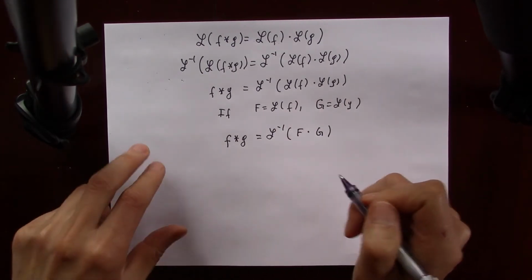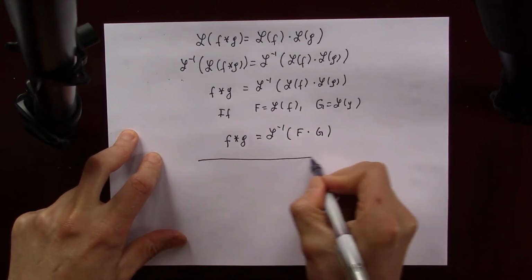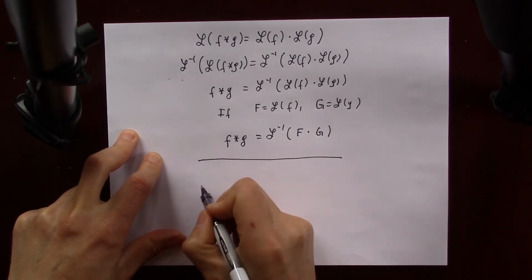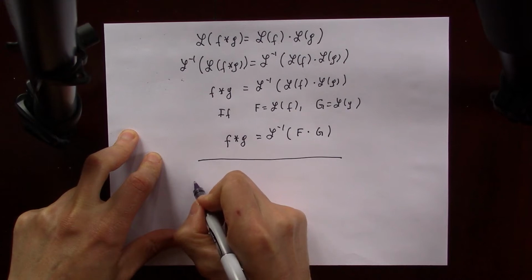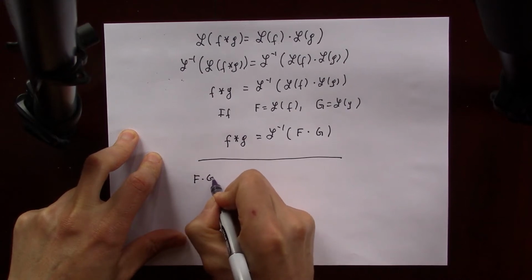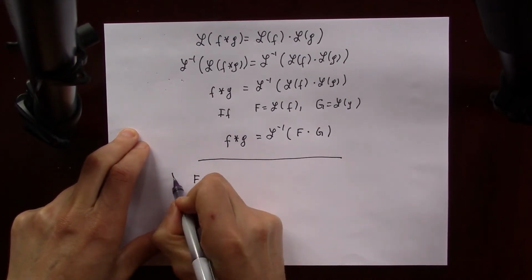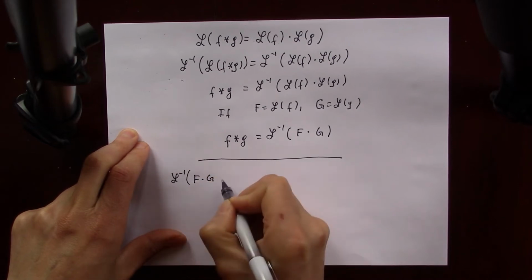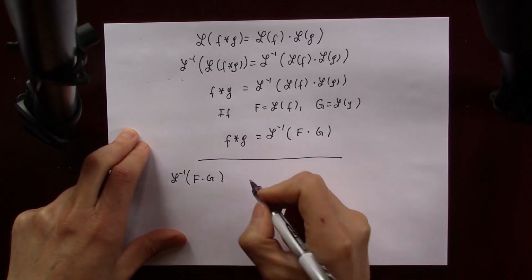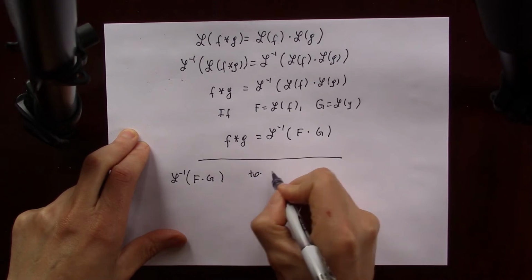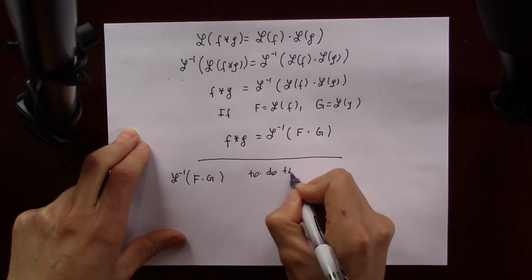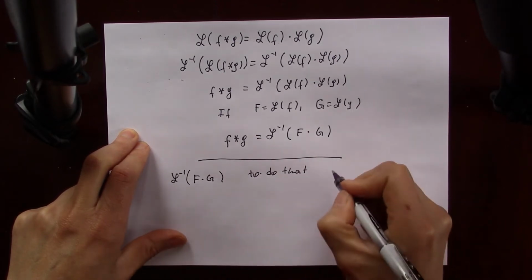So in general, if we start with two functions, capital F and G, and we want to find Laplace inverse of their product, we'll do two steps.